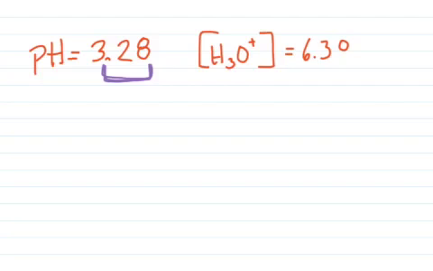So when we have hydronium, we're looking at the full number, which will be right here. So if our molarity has a full 2 sig figs, then our pH needs 2 figs after the decimal point.